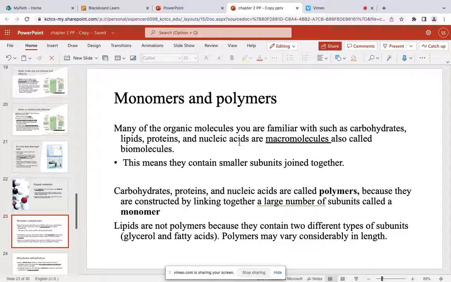So I just need you to know what monomers are, and that they come together sometimes to form something called polymers. And just realize that carbs, lipids, proteins, and nucleic acids are called macromolecules. We'll go over each of these individually, and those will be all very important. Carbs, lipids, proteins, nucleic acids. I'll tell you the unique properties of them and why they're important.